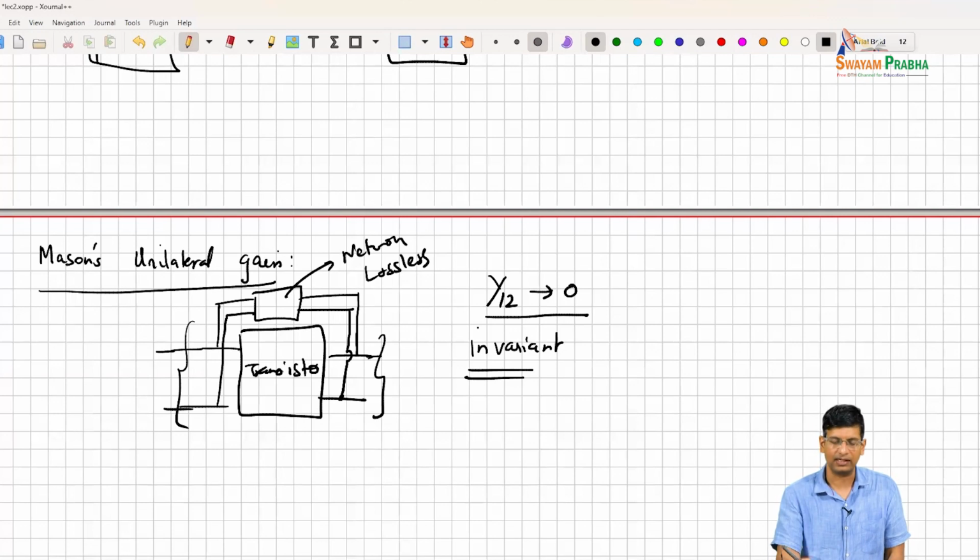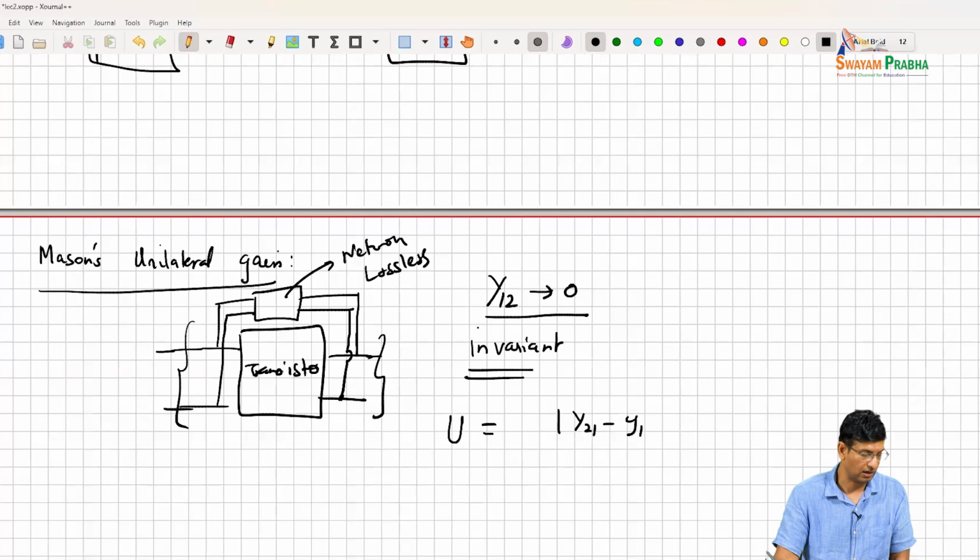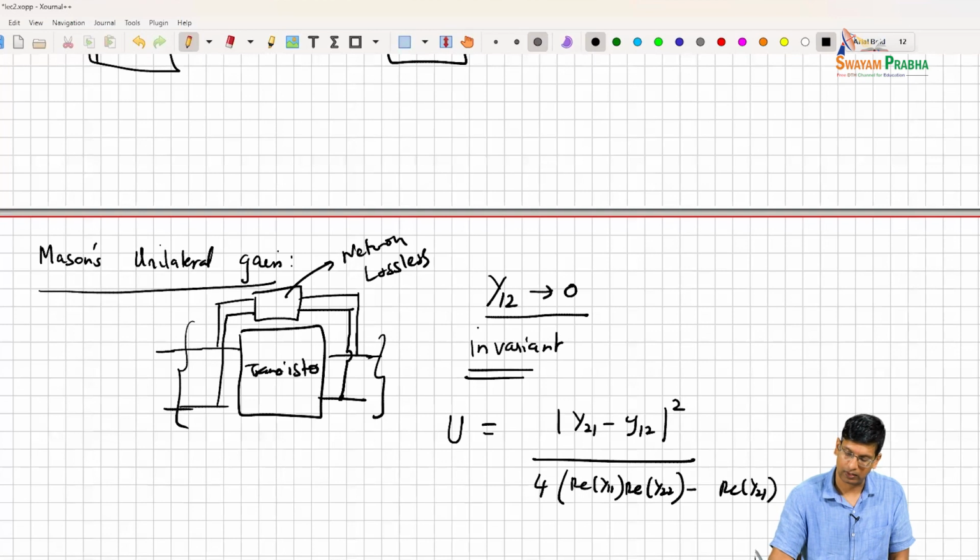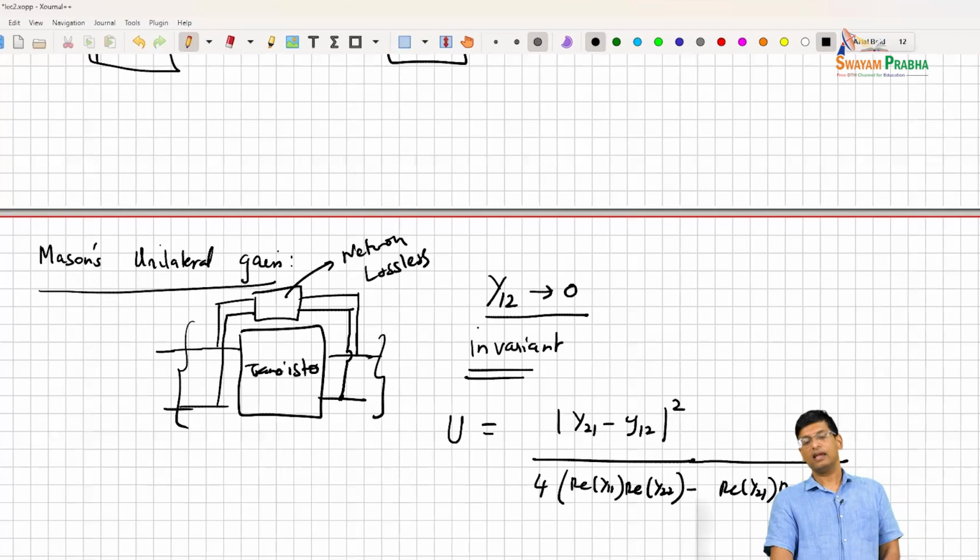But once you do this, the maximum gain that you can get is given by this parameter U, which is |y21 minus y12|^2 divided by 4 times (real part of y11 times real part of y22 minus real part of y21 times real part of y12), right? So this gain is invariant to how you accomplished the, this should be overall, right?